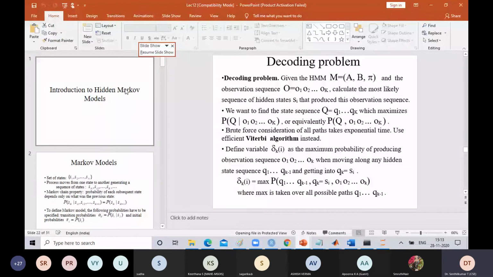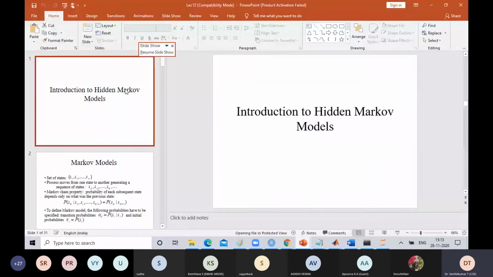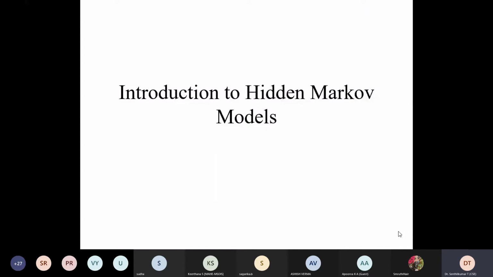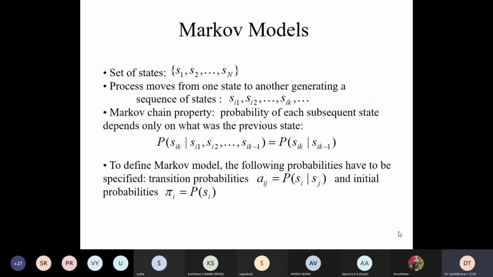Formulating a hidden Markov model for network security problems. HMM, hidden Markov model. A quick discussion: when we have a set of states, we can call them S1 to Sn, and the process will move from one state to another. Here we define something called the Markov chain property. A Markov chain means it is following a Markovian process.